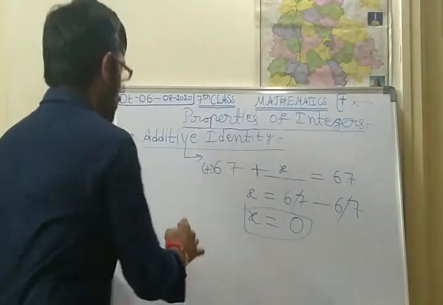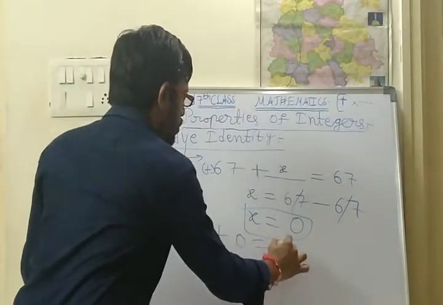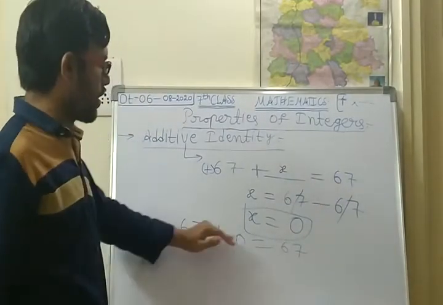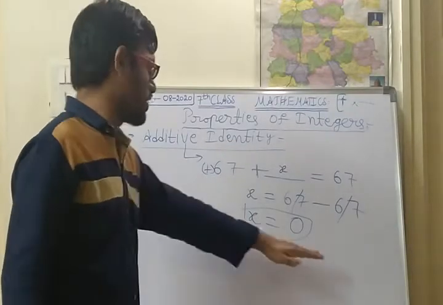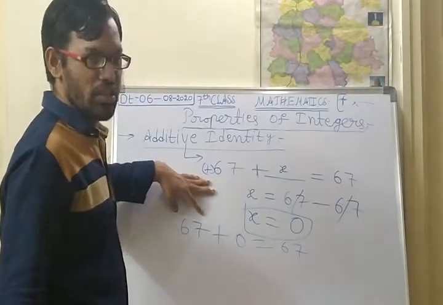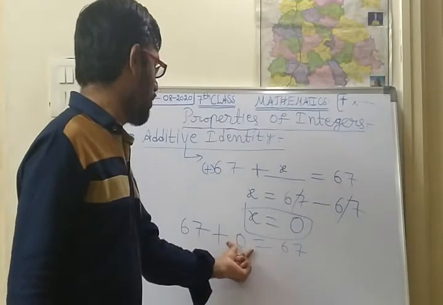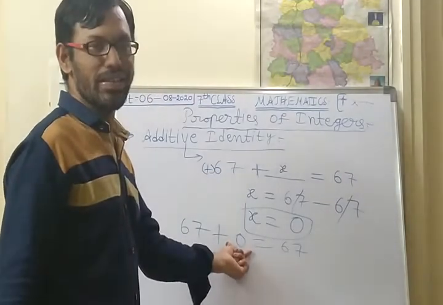So what do you have to add? 67 plus 0 is equal to 67. Whatever integer you are taking, if you add 0, the result will be the same integer you took at first. It is possible because we are taking 0.